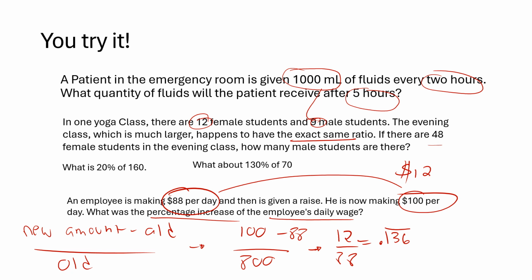I'm not going to be writing that out. We're trying to find the percentage, so the percentage is just multiplied by 100, which means he is getting a 13.6% wage increase. That is how you find any increase. New amount minus old amount over that old amount will give you what you're looking for.